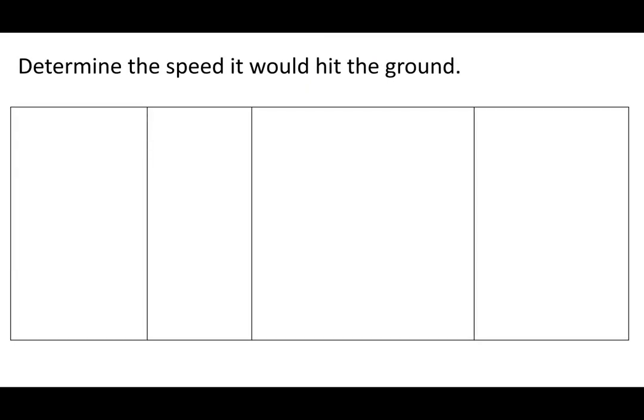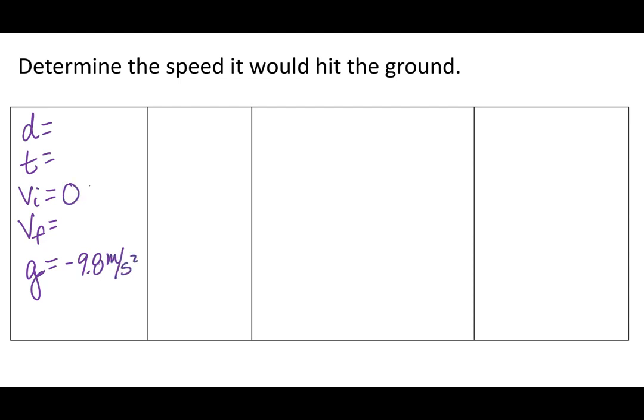All right, let's see. Last one is determine the speed it would hit the ground. All right, let's go back for physics. d, t, VI, VF, and a. a is g, negative 9.8 meters per second squared.